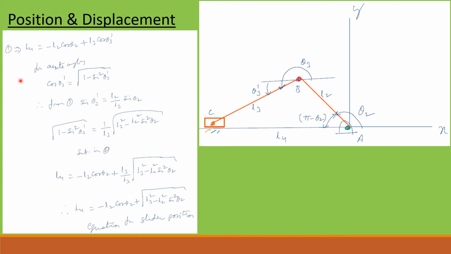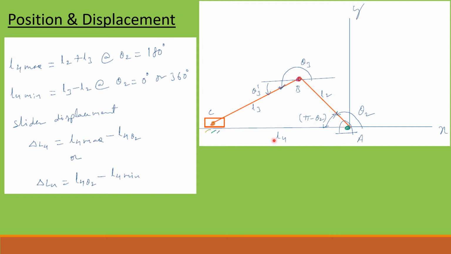Let us substitute this in equation 1. You get L4 equal to minus L2 cos theta 2 plus L3 by L3 times the square root of L3 square minus L2 square sine square theta 2. So after cancelling this term, we get L4 equal to minus L2 cos theta 2 plus square root of L3 square minus L2 square sine square theta 2. This is the equation for slider position.